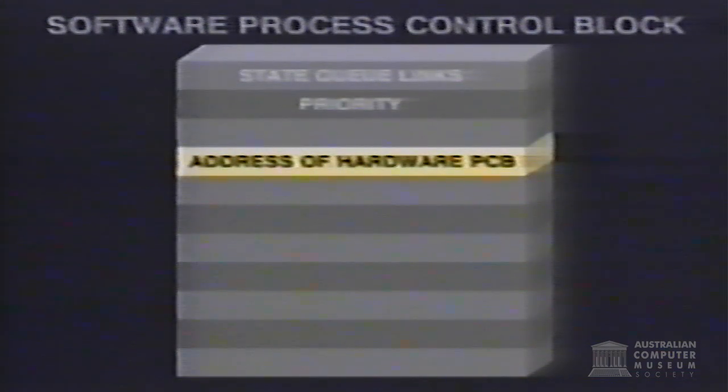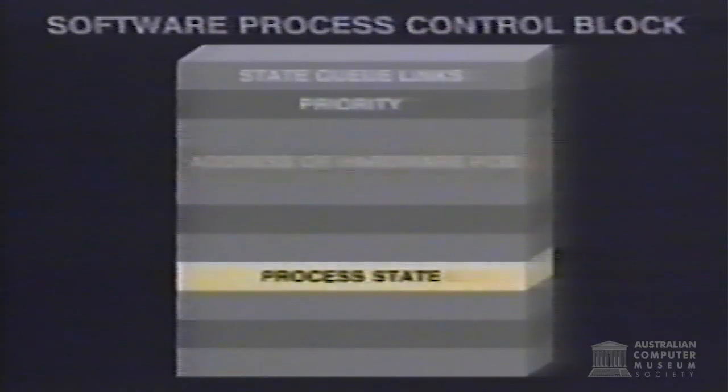The address of the hardware PCB is included in the software PCB. This address is used to load the register values when a new process takes control of the CPU. The process state specifies the particular queue to which the PCB belongs. For information on the remaining parts of the software PCB, see the section on the software PCB in Lesson 1 of your course reference guide.